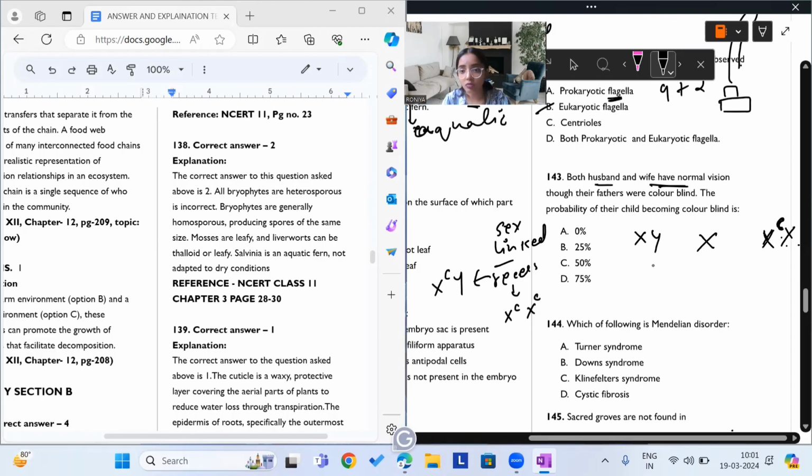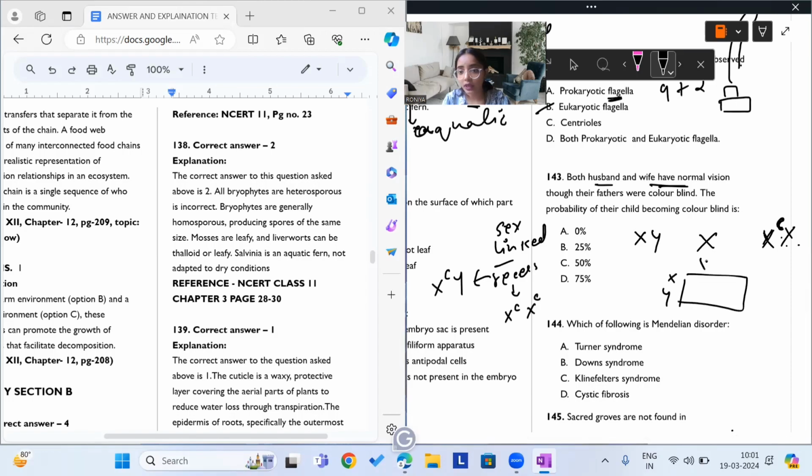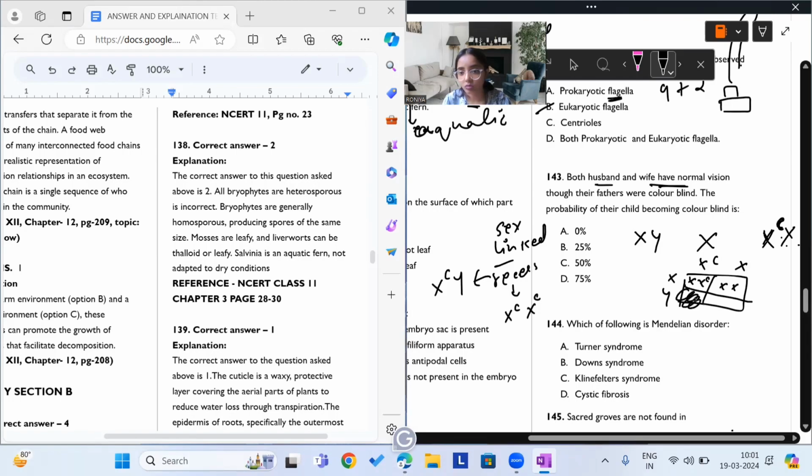So if we cross this, if we make a Punnett square, we will get XY, XCX. So we'll get X, XC, XX, XY. Sorry. Yeah, we'll get XCY and XY.